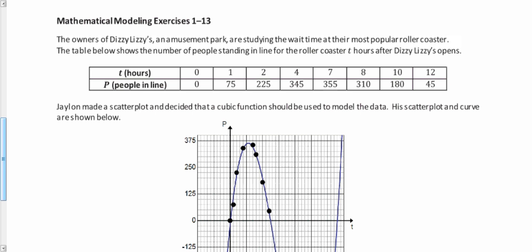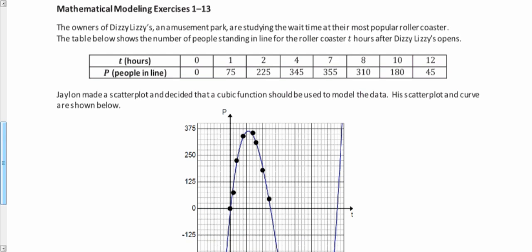The owners of Dizzy Lizzie's Amusement Park are studying the wait time at their most popular roller coaster. The table below shows the number of people standing in line for the roller coaster, t hours after the roller coaster opens.